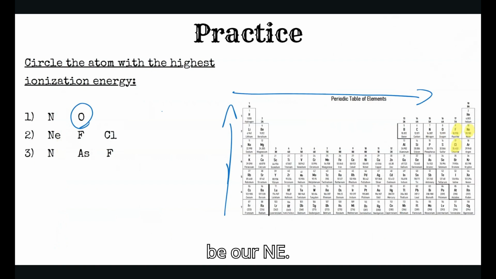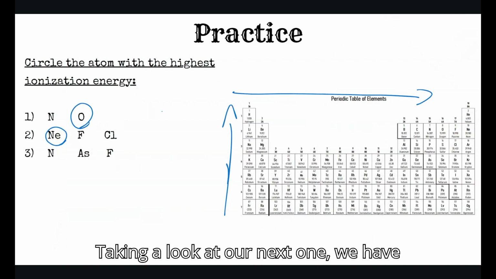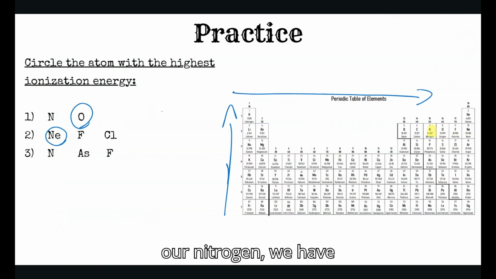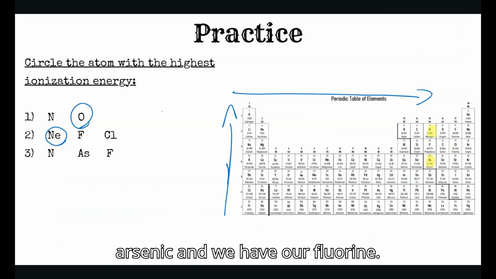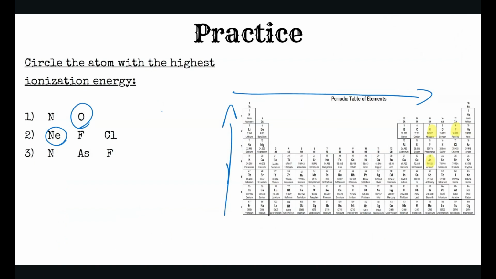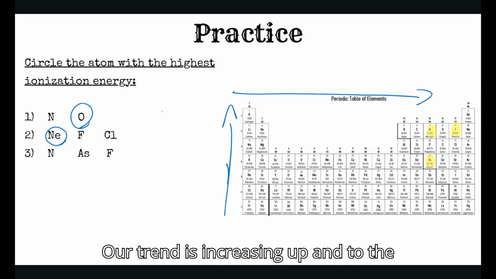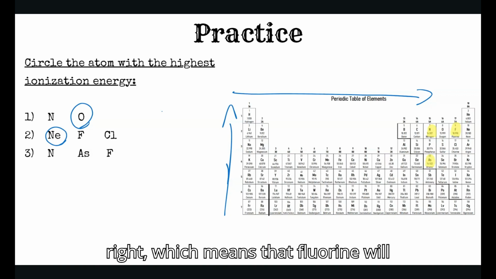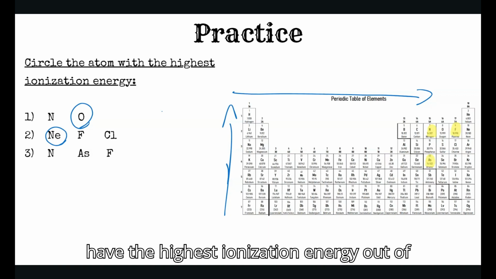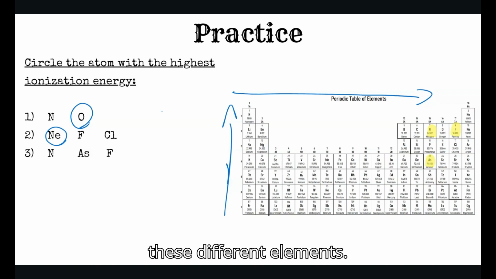So that will be Ne. Taking a look at our next one, we have nitrogen, arsenic, and fluorine. Same kind of idea as number 2. Our trend is increasing up and to the right, which means that fluorine will have the highest ionization energy out of these different elements.